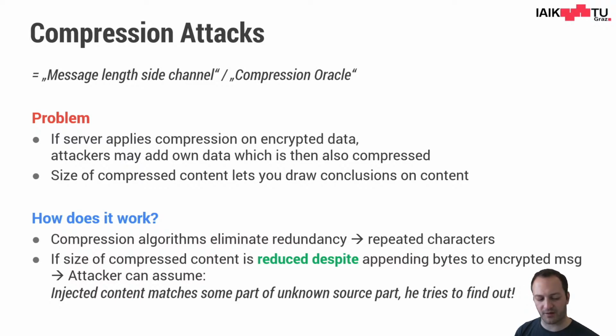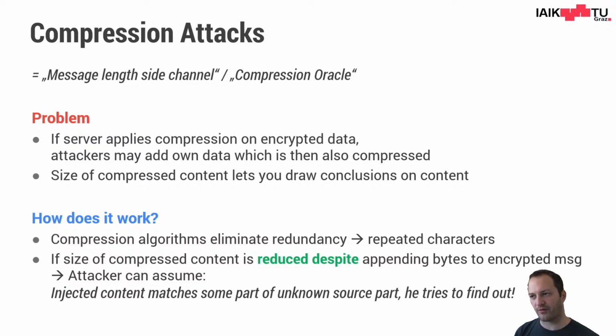Another type of attack, in the second category of protocol attacks, is a compression attack. And this might remind you of something you've already heard throughout this lecture. The problem is, if a server applies compression on encrypted data, an attacker might try to add something which is then also compressed.